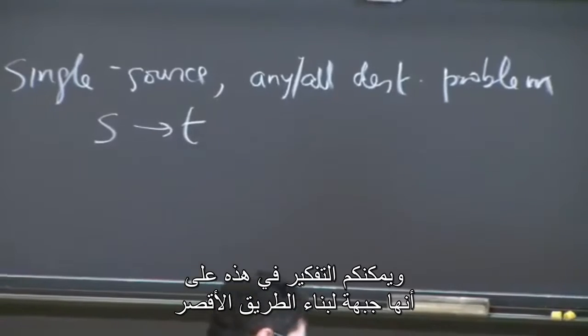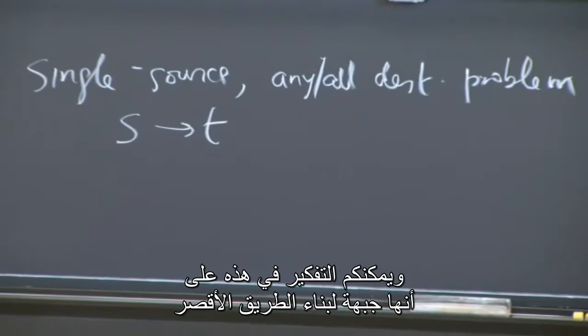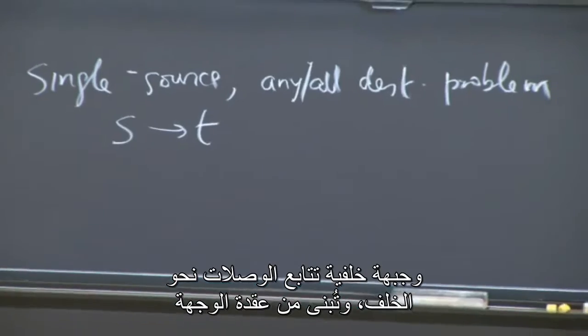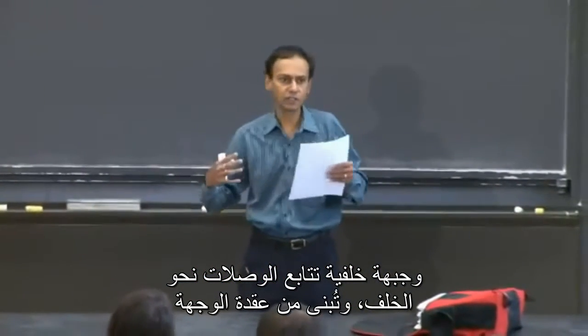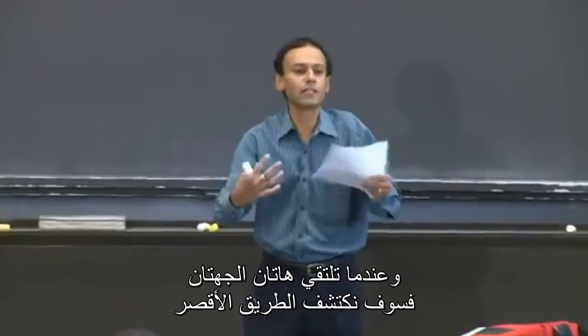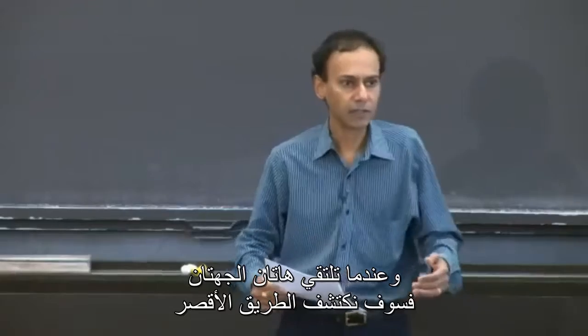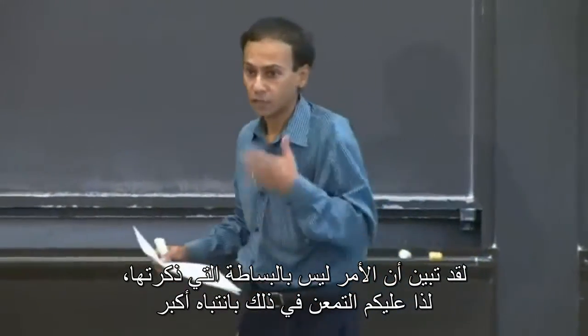You can think of this as a frontier of shortest paths being constructed from the source S forward, and a backwards frontier, where you're following edges backwards, being constructed from the destination. Effectively, when these two frontiers meet, you're going to be able to discover shortest paths. It turns out it's not as simple as what I just described, and so we'll have to look at that a little more carefully.